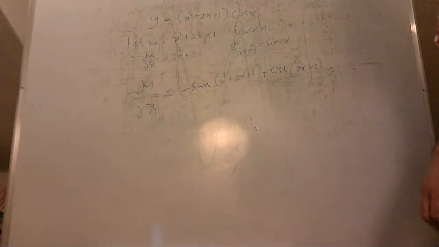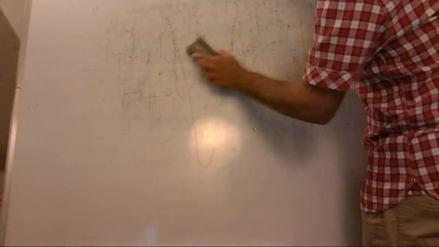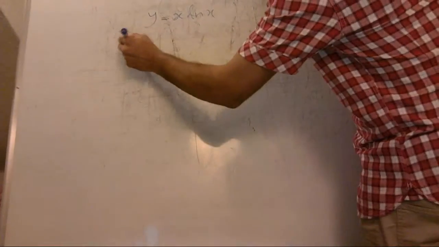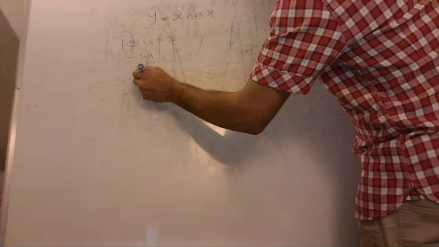Okay, so I'll do one more example. I hope the writing is clear for you to read. I'll do one more example with the log function. This is going to be a little bit interesting, because this will simplify a little bit more than the previous examples. So you have y equals x ln x. Let u equal x, so du/dx equals 1.